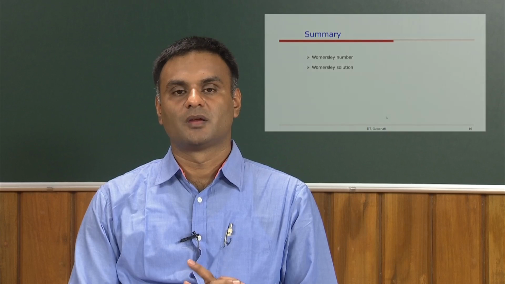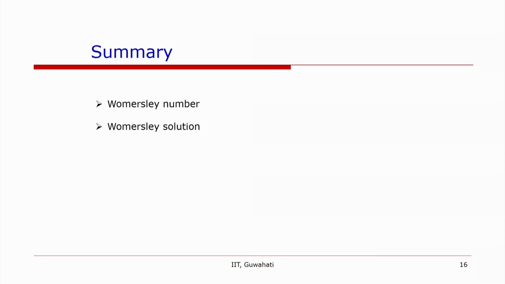Then the Womersley solution. We looked at time dependent periodic flow in a rigid channel and obtained the solution, and from that we also obtained the flow rate and pressure gradient.